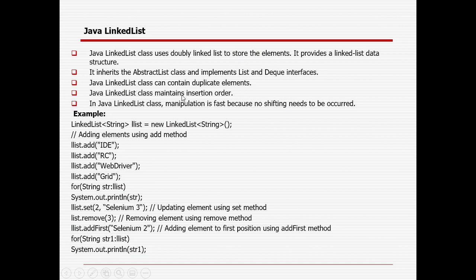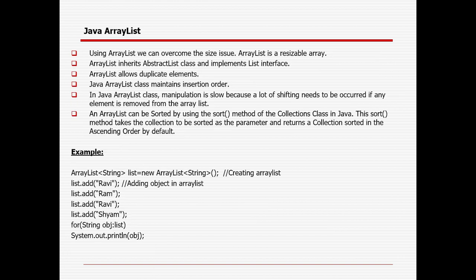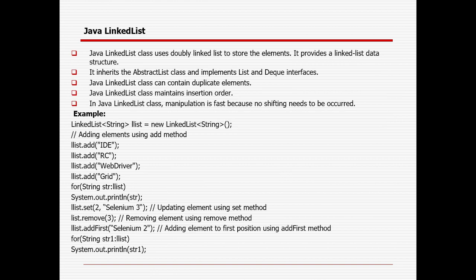So if you want to differentiate between linked list and array list, you can see that array list only implements the list interface, whereas linked list implements both interfaces, list and Deque. So linked list is fast compared to array list, right? And otherwise it maintains insertion order and duplicate elements, both lists behave in the same way.